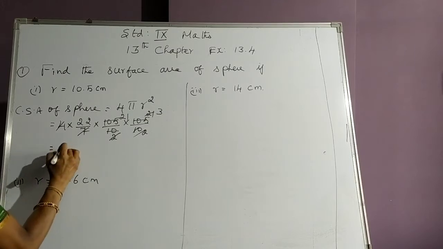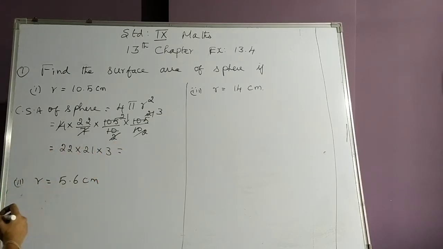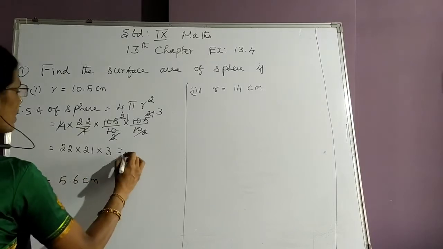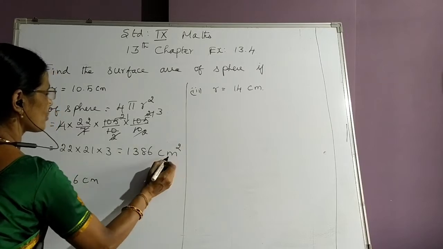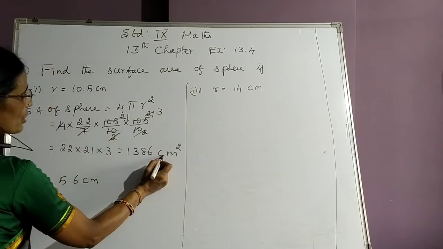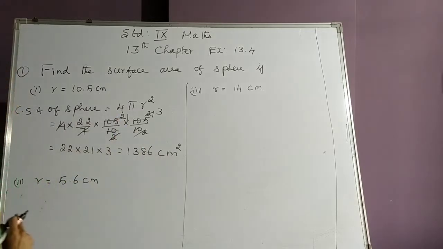So now we have the number 22 into 21 into 3, which is equal to, multiplying we get 1386 centimeter square. It is area, therefore the corresponding unit is square unit. Centimeter is given, therefore we get square centimeter.